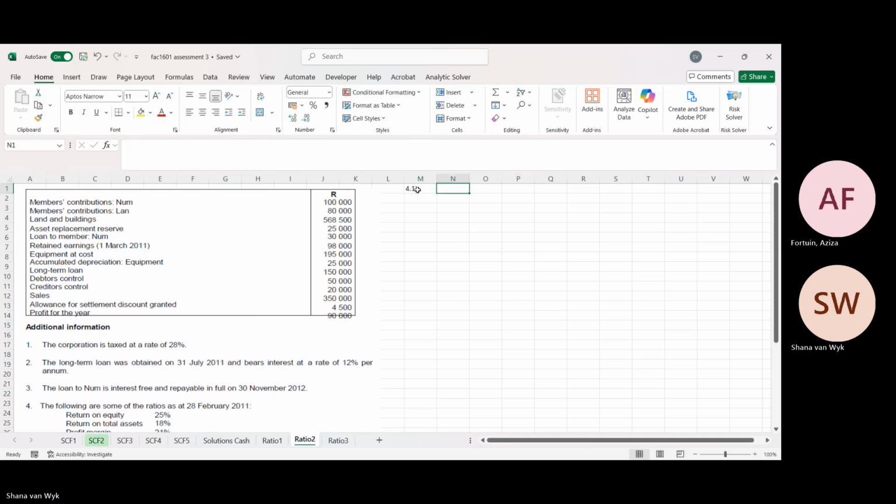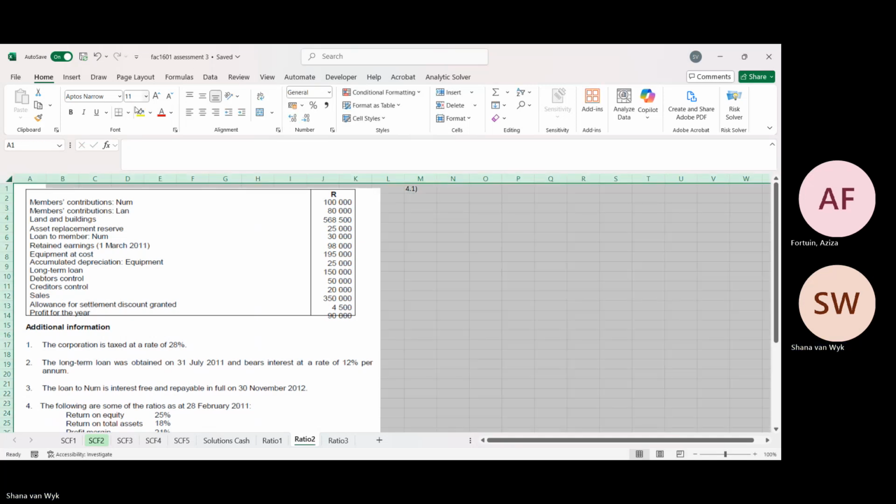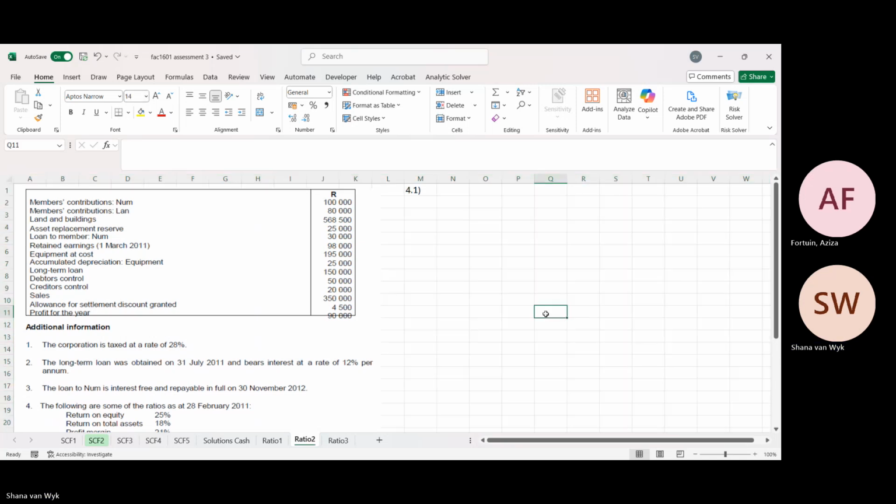4.1. Okay, I'll check my notes. Return on equity, profitability. Aziza, would we get marked if we write out the formula?